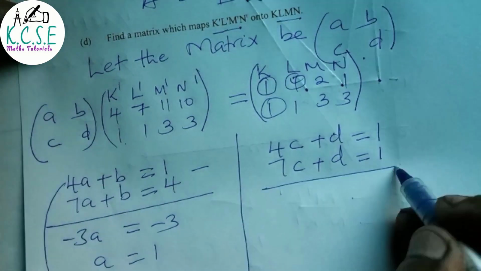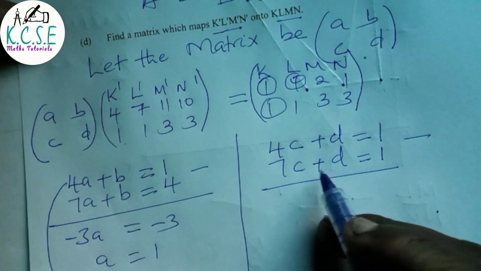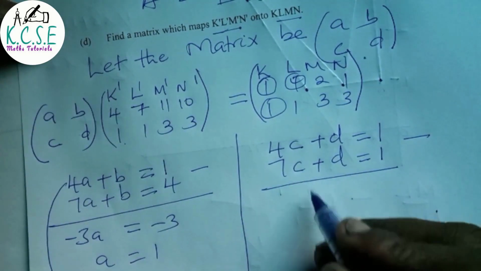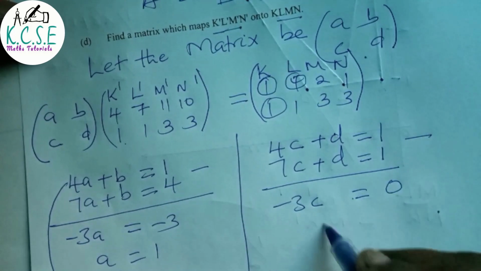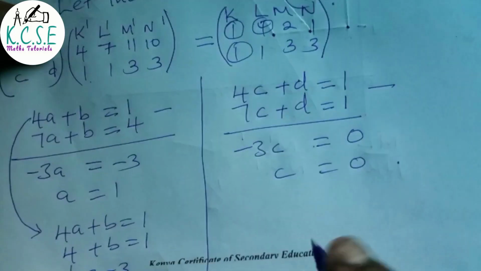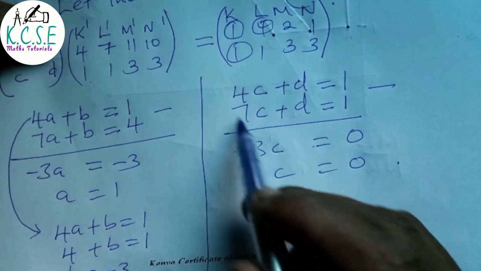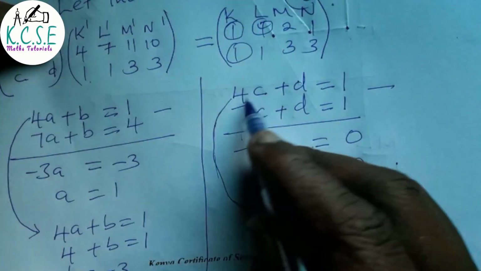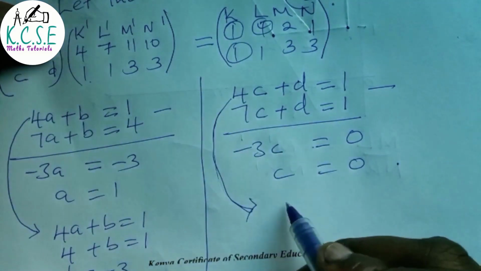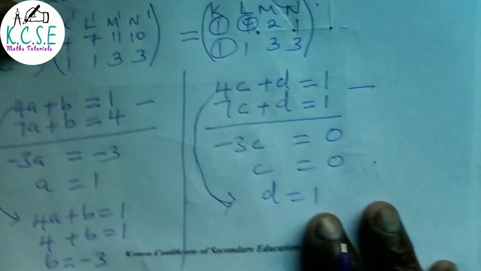So eliminate these. This will give 4C minus 7C, eliminating D, negative 3C is equal to 0. So C is equal to 0 in this case. And substituting in one of these equations, when C is 0, you get D is equal to 1. Now you have all of them.